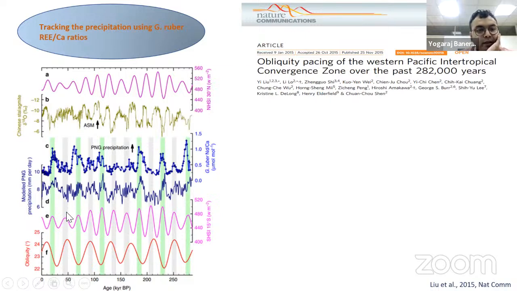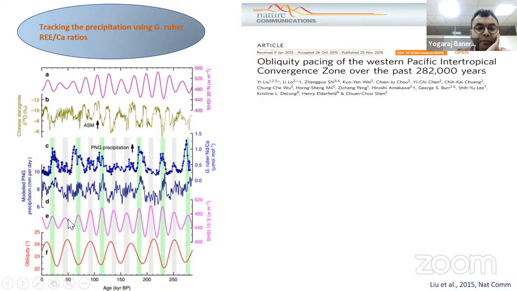If we focus on the gray vertical bars, these are also time periods when the southern hemisphere solar insolation is high. But if we look at the ruber record, then it is lower. That means the precipitation was lower.